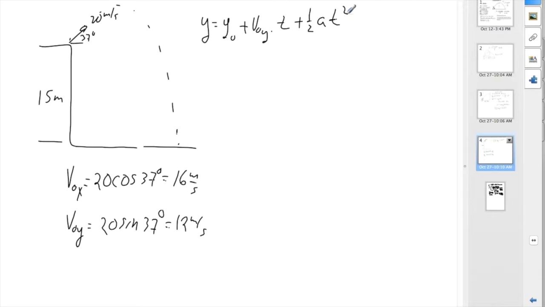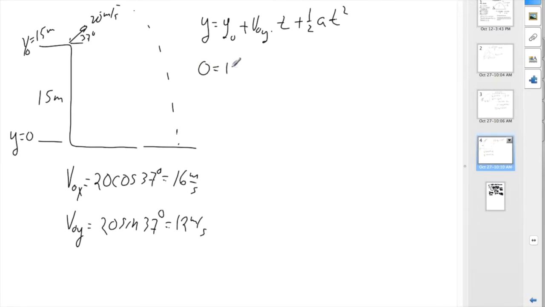Now the question becomes, am I going to call this height y equals 0, or am I going to call this height y equals 0? And I can do either. I'm going to, just for sport, start by saying that y0 is equal to 15 meters. So I start at 15 meters, and I want to end up at 0 meters.